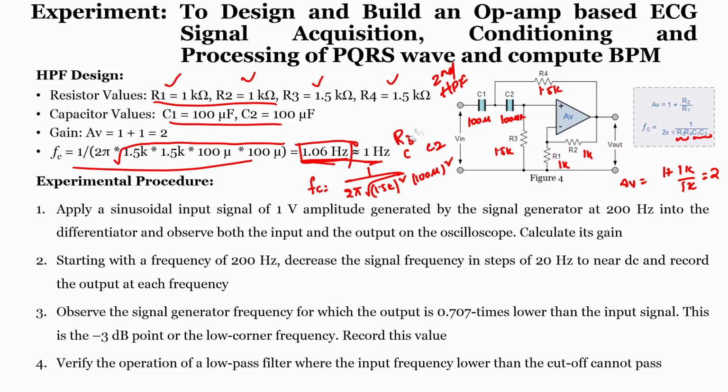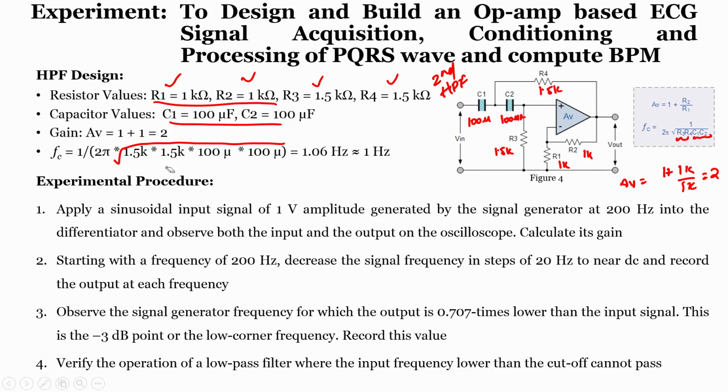Now, how do we understand? Similar to our low pass filtering circuit, even in this case we will connect this particular circuit and do the circuit design in simulation software. We are using Multisim, and we will use the same resistance values and capacitance values.